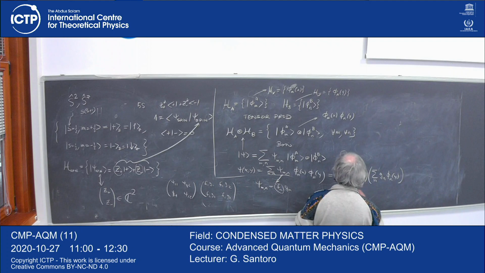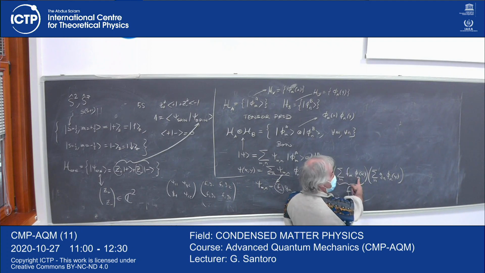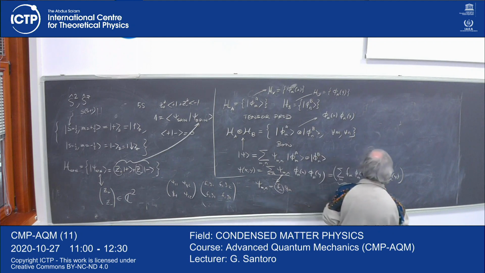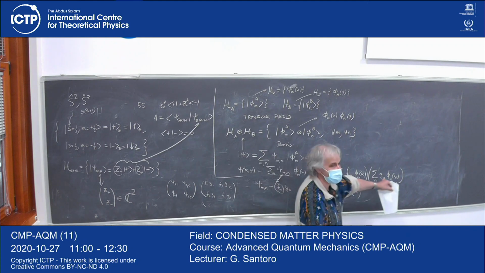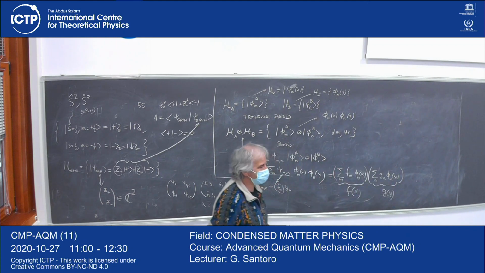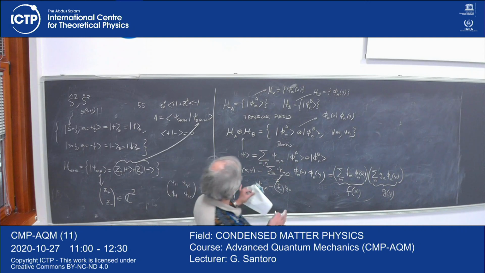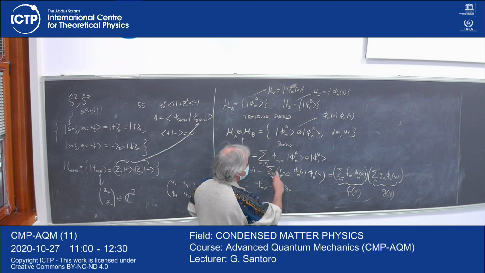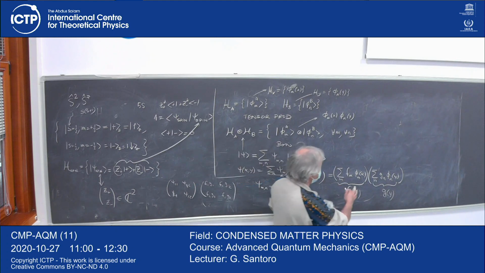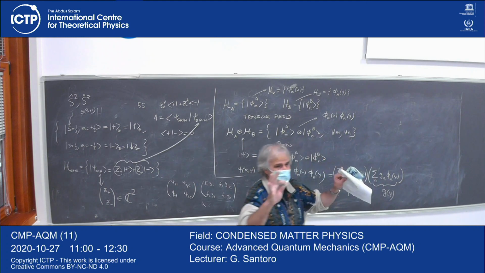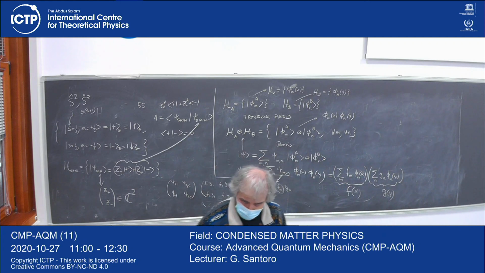This is a function of x expanded in the basis for the x state, and this is a function of y expanded in the basis of, this could be a Fourier basis or Hermite polynomial. Never mind the basis, but you see that if this coefficient here is a matrix which is factorized in this form, then the resulting function is in fact a product function of the x and the y.